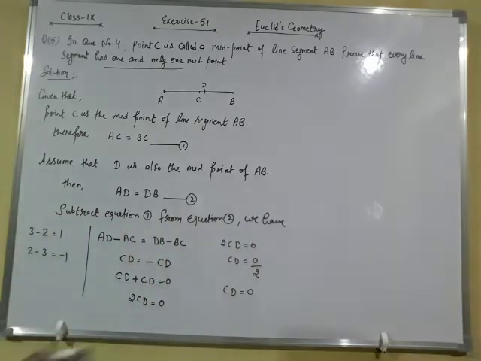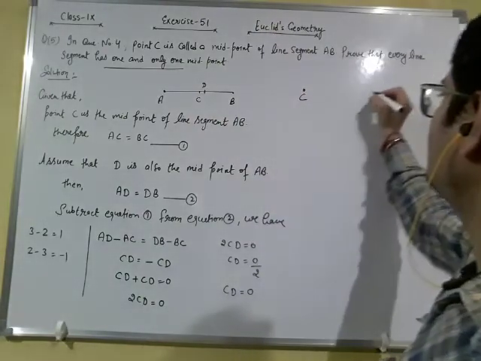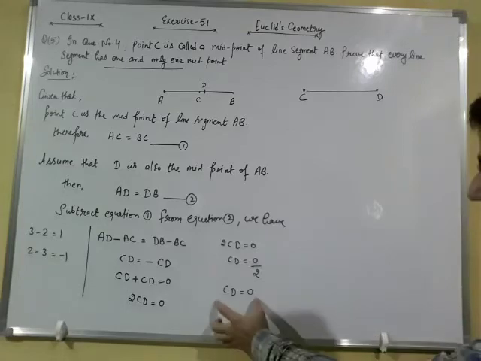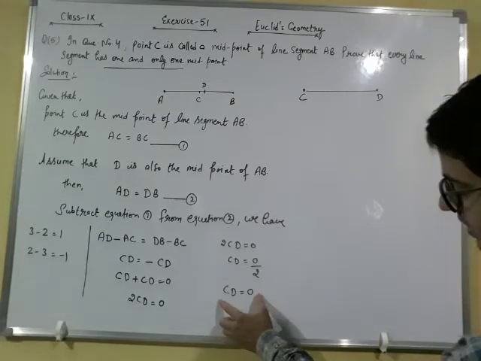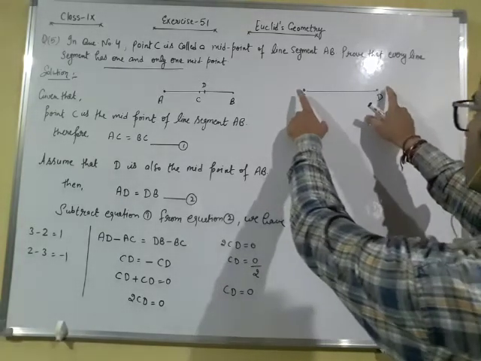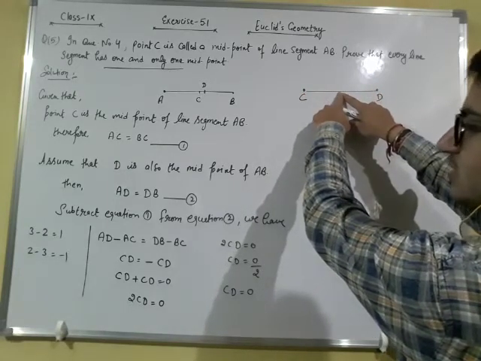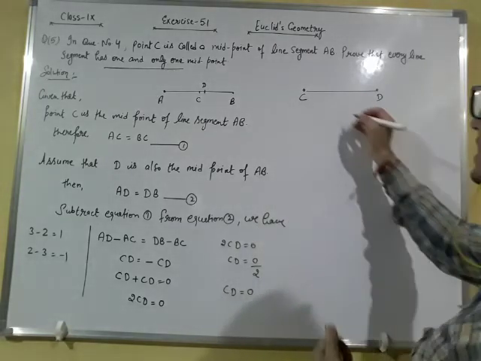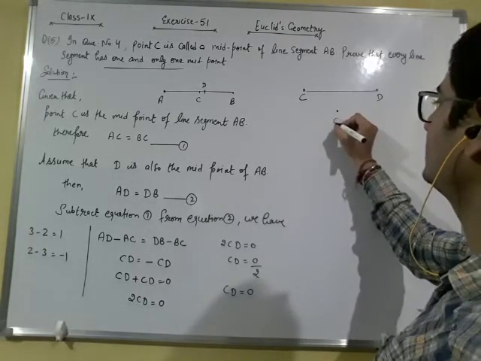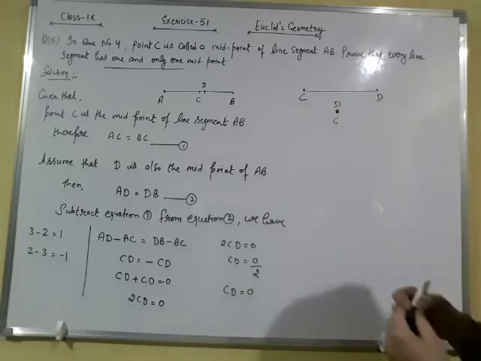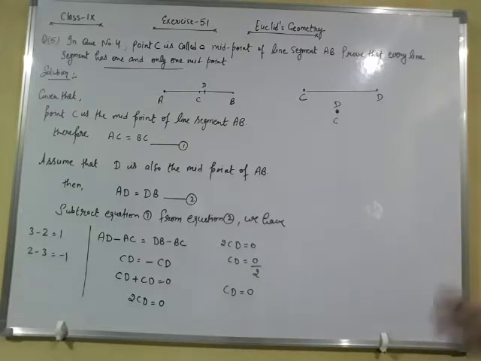Suppose this is point C and this is point D. We have some distance between them, and if we prove that the distance between C and D equals 0, it means these two points will coincide like this. If both points lie on each other, the distance between the two points becomes 0.